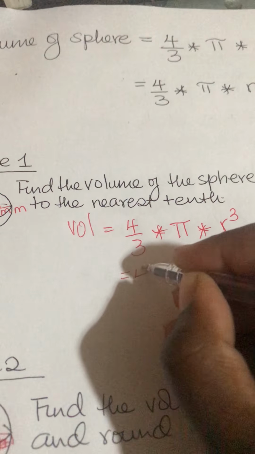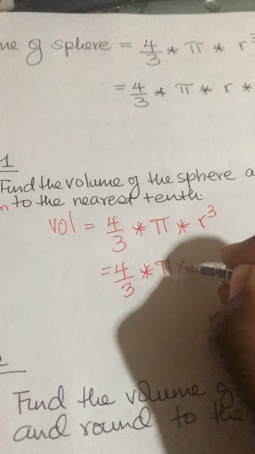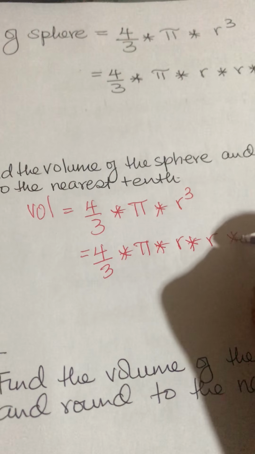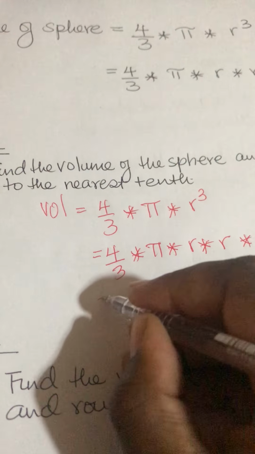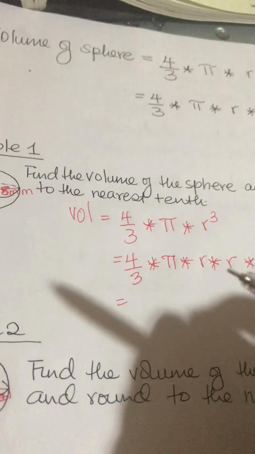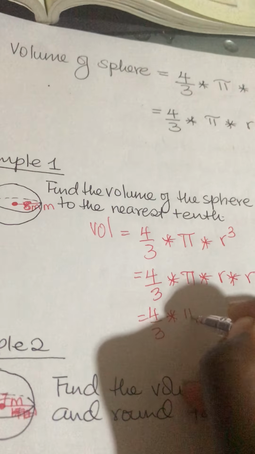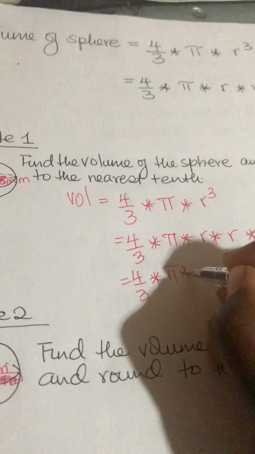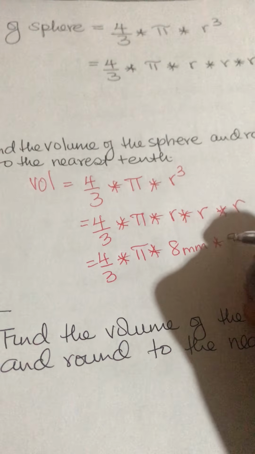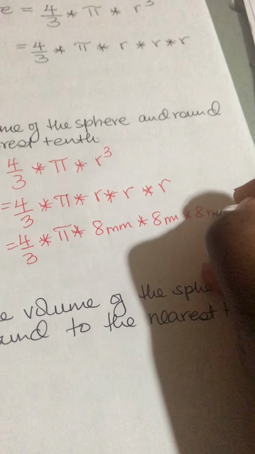Then you write 4/3 times pi times radius times radius times radius. Then you put your dimensions. The dimension you need is the radius. So you will write 4/3 times pi times 8 millimeter times 8 millimeter times 8 millimeter.